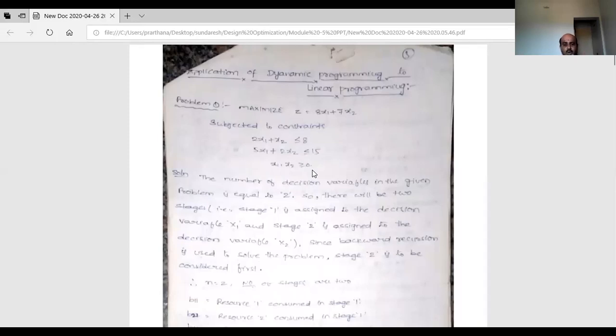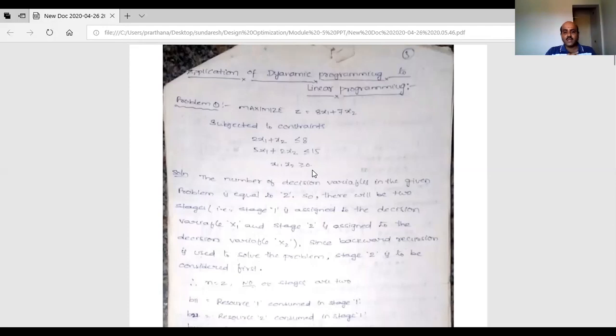So this is a typical problem for the application of dynamic programming to linear programming. Okay. So how can we solve the linear programming problem by using the dynamic programming technique? This is what we are going to discuss in today's class. Whenever a linear programming problem is given and we have to use the dynamic programming technique, first you have to check how many variables are there.